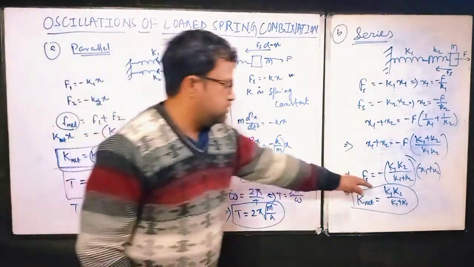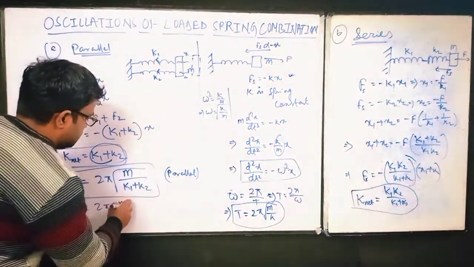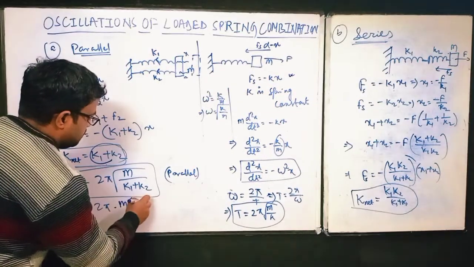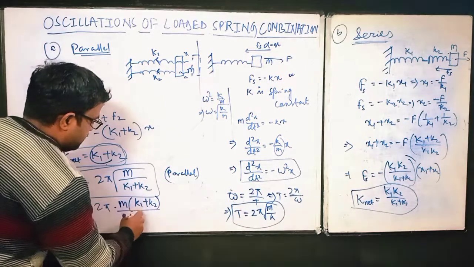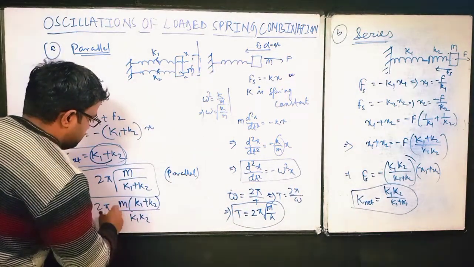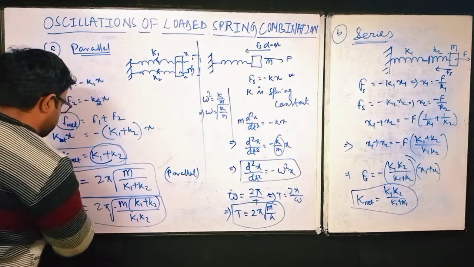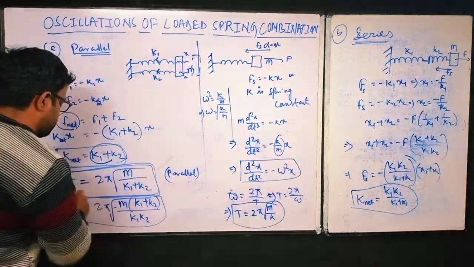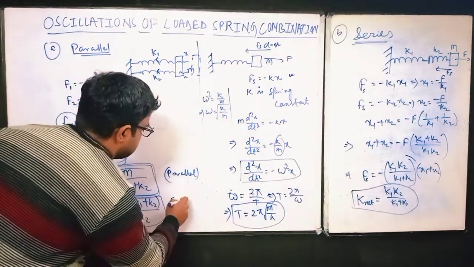K is this one, so K1 plus K2 will go up, so m into K1 plus K2 by K1 K2 under root. Fine. So this is for series.